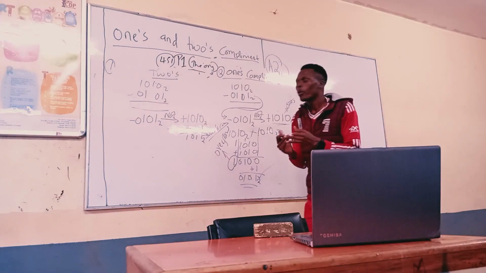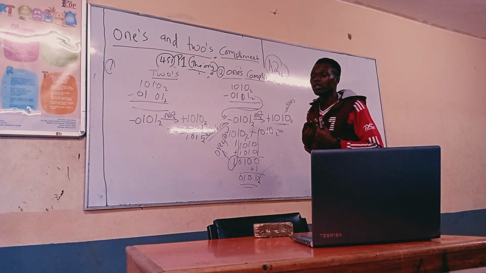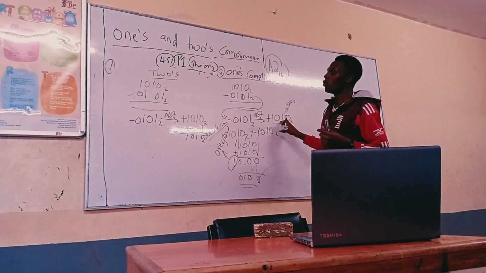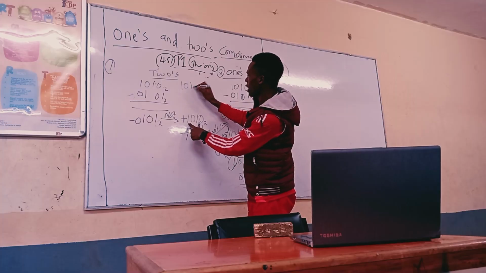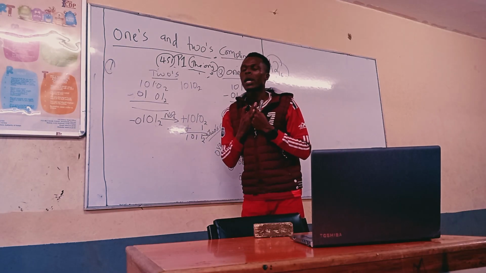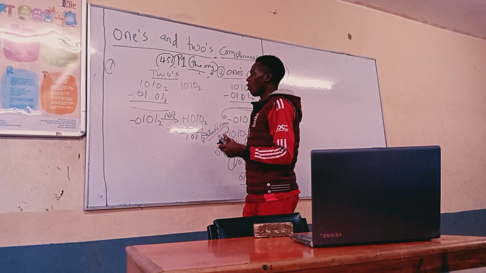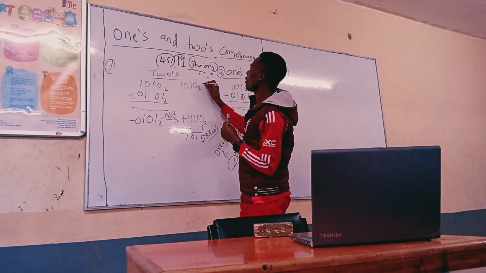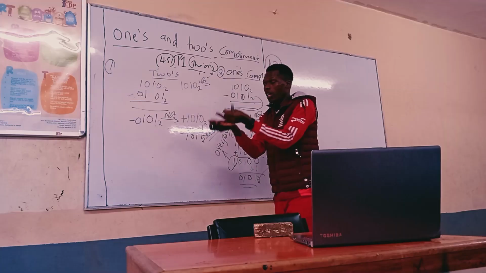Because we have done it once, that is why we are calling it 1's complement. Now, when I'm saying it is 2's complement, I should further do the not to this one so that I can have 2. So let's see.